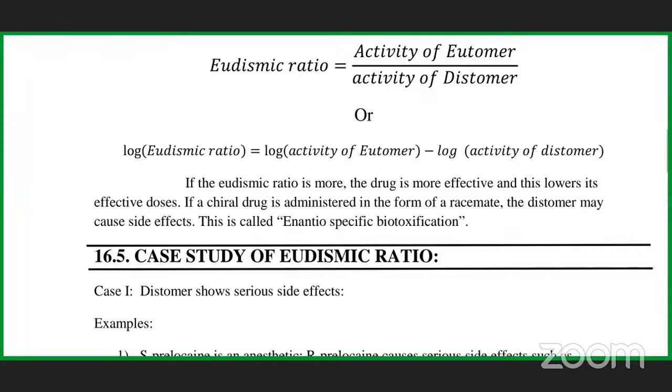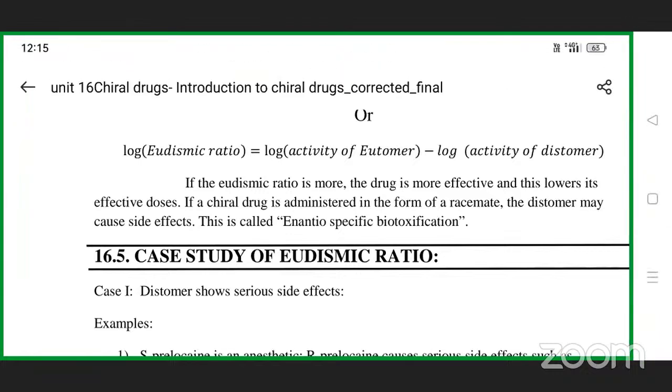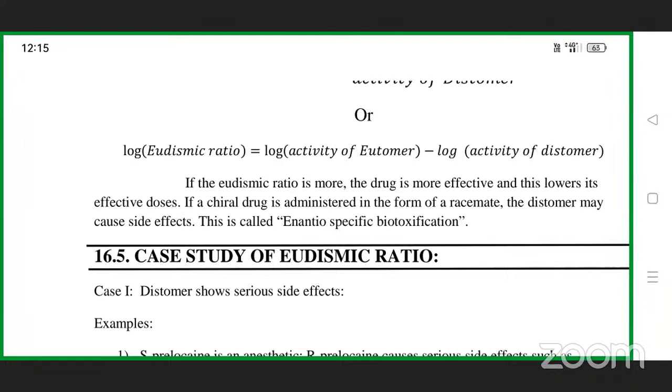And there is some condition. If the eudismic ratio is more, the drug is more effective here. The eudismic ratio is a deciding factor to decide the dosage here. So based on that eudismic ratio, we will decide the dosage.